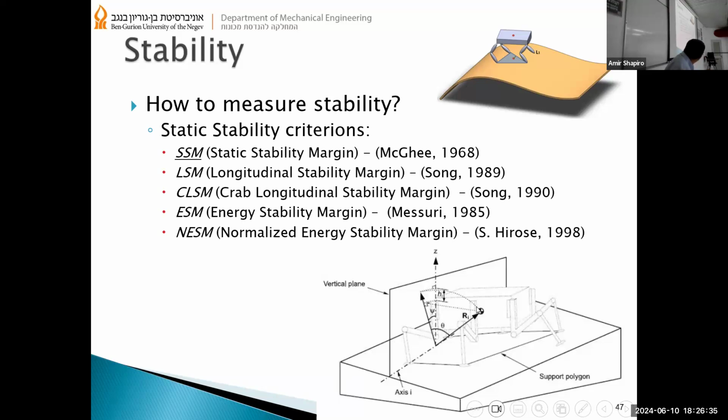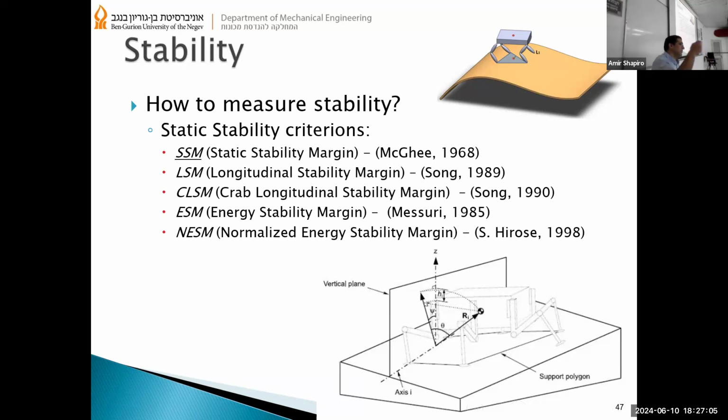If this is the edge of the support polygon, and this is the center of mass, I need to raise the center of mass in order to move over this line, which is the boundary of the support polygon, and rotate it to tip it over.